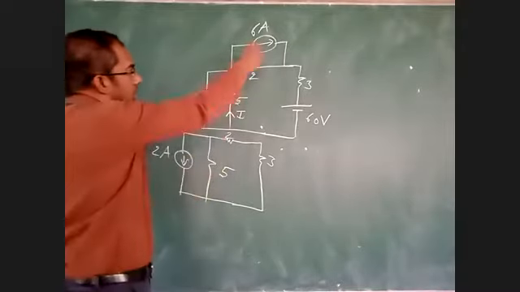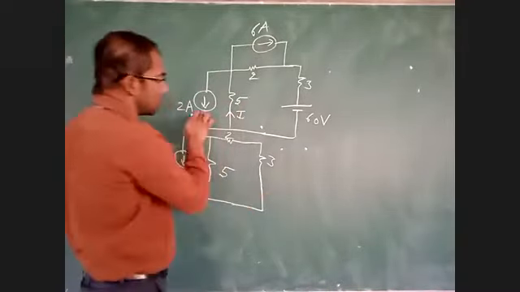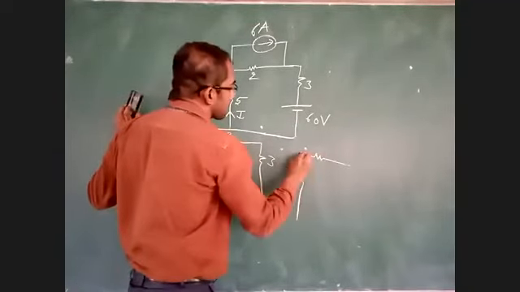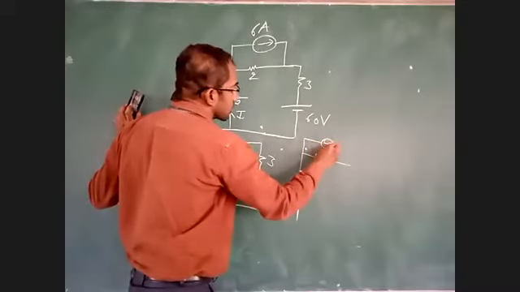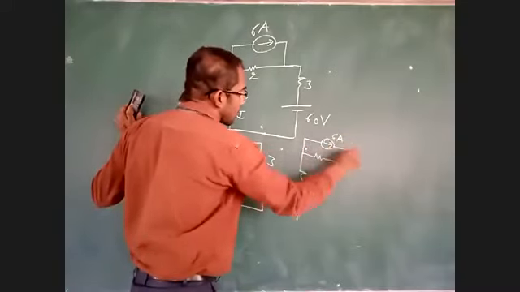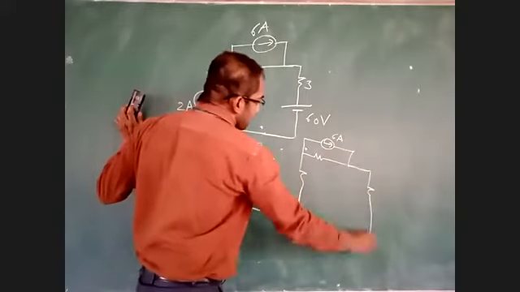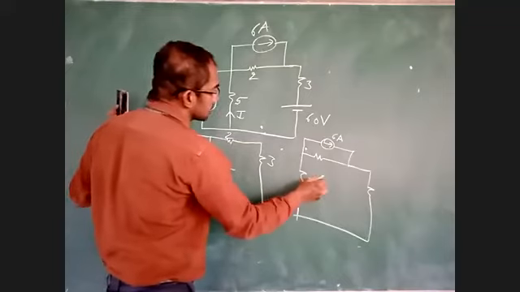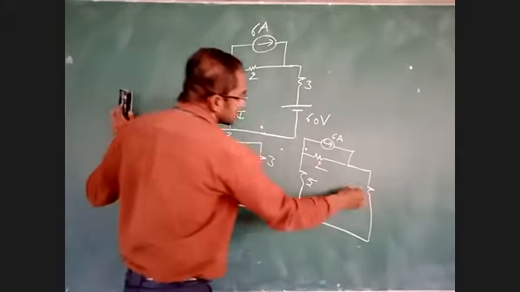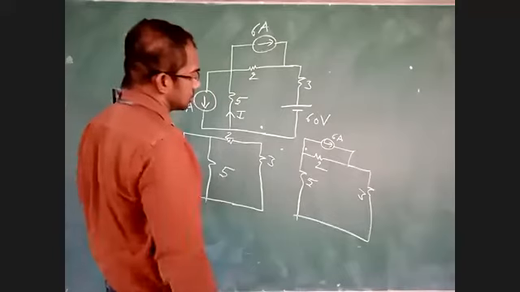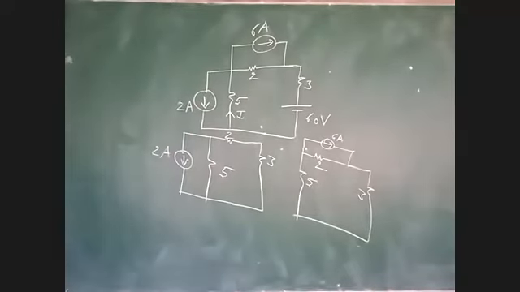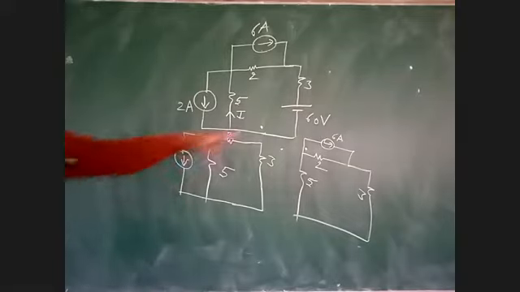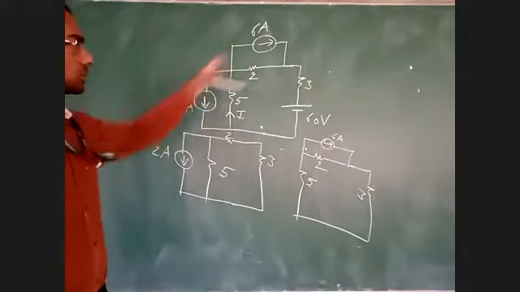Now, in the second circuit I will consider the 6 ampere. I will open this 2 ampere, and I am shorting the voltage source. Then consider the voltage source and open these two current sources.